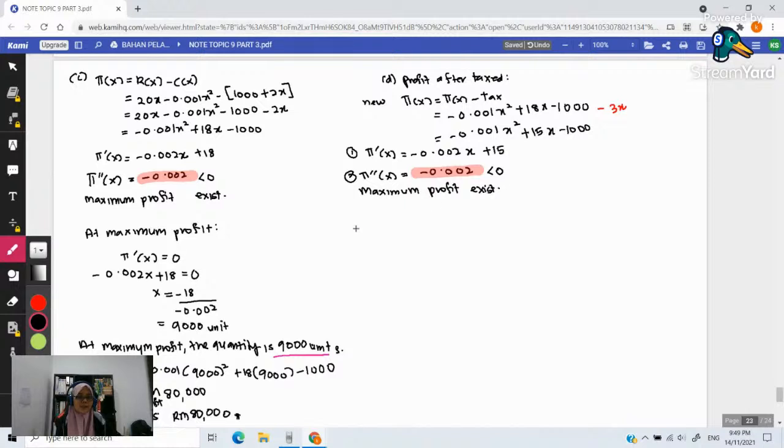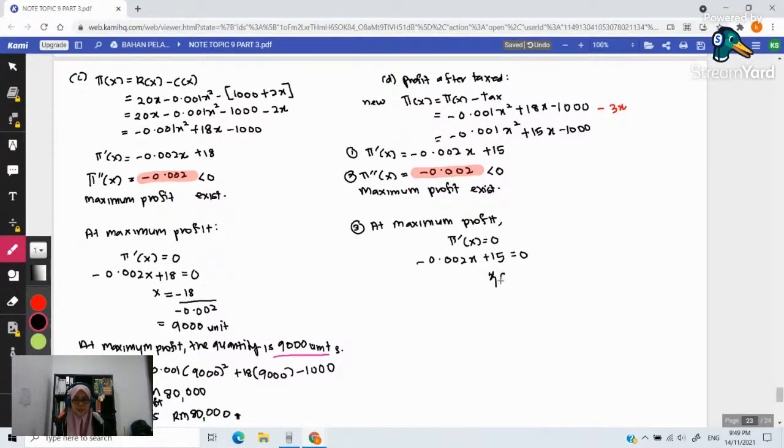So what is the third step? We need to find, at maximum profit, the first derivative equal to 0. So negative 0.002x plus 15 is equal to 0.